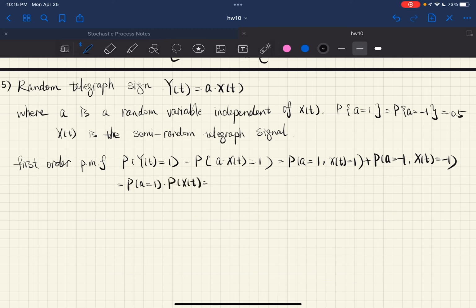It equals the probability of A equals 1 times the probability of X(t) equals 1, plus the probability of A equals minus 1 times the probability of X(t) equals minus 1, and it equals 0.5. And the probability of Y(t) equals minus 1 is just 1 minus the above probability, which is also 0.5.